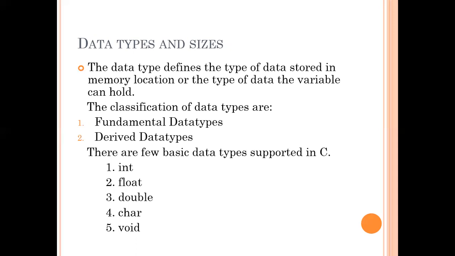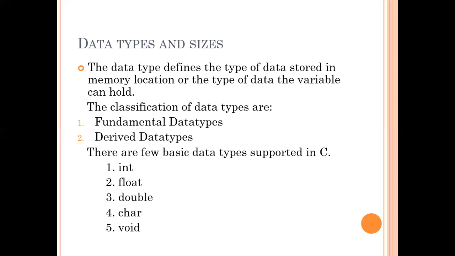And the declaration of storage classes. There are 4 storage classes. Probably we will learn again in the upcoming classes, but for time being, I'll mention the different storage classes: auto, static, extern, and register.